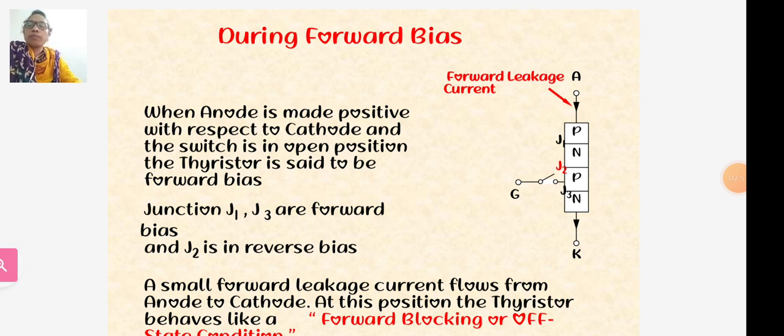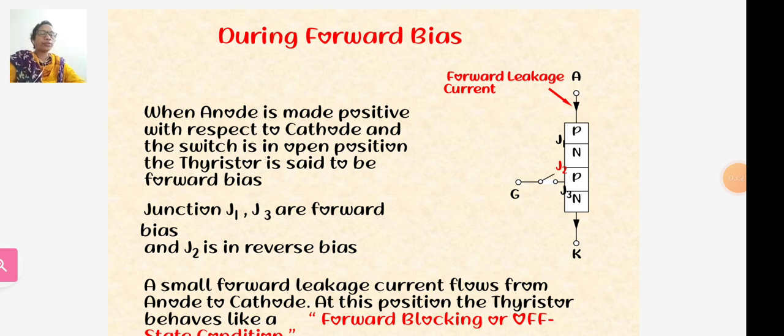In forward bias condition, when the signals are applied to the gate terminal, from anode to cathode, the junction J1 and J3 are forward biased and the junction J2 is reverse biased. So at this position, the thyristor will behave like forward blocking or off state condition.